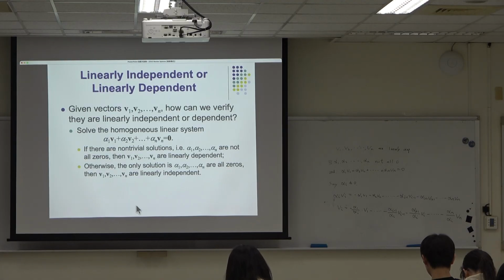This is E1. This is E2. This is E3. You try to write it as a common vector for this matrix, and then you have this alpha 1, alpha 2, and alpha n equal to 0.